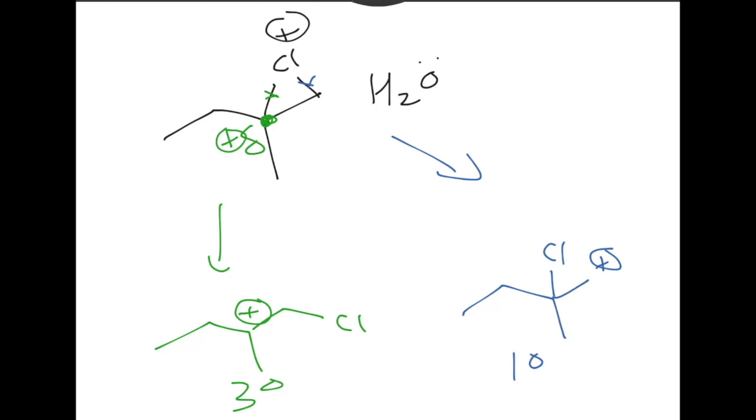So it goes like, oh, the green carbon is more positive than the blue carbon. So I'm going to add to the green carbon because I'm attracted to positive things. That makes sense? So whenever you look at your chloronium ion, you're just going to say, okay, which of the two carbons is more substituted? Because then that carbon can better stabilize positive charge. That's the carbon I'm going to add my oxygen to because it's more positive.